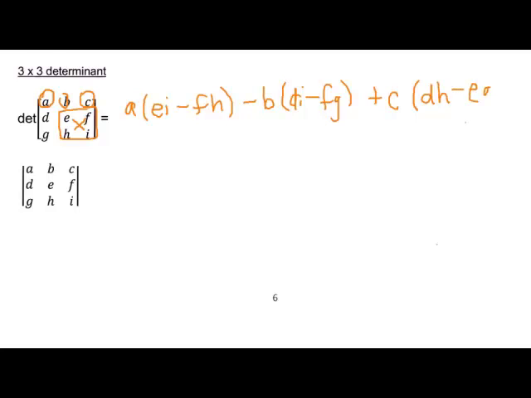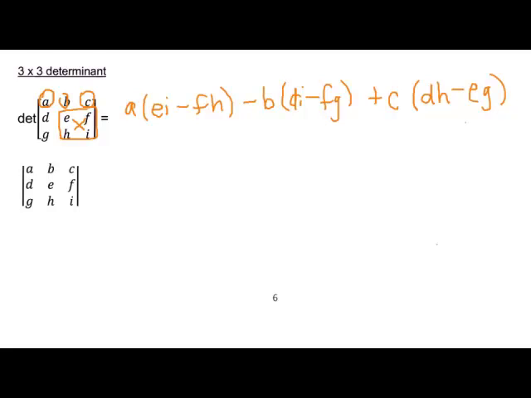And we're going to do that with A, B, and C. So one way of writing the determinant of a 3 by 3 is A times the quantity E times I minus F times H, minus B times the quantity D times I minus F times G. Again, subtracting those products. And then lastly, we're going to add C times the quantity D times H minus E times G. So that is basically the formula for finding the determinant of a 3 by 3.